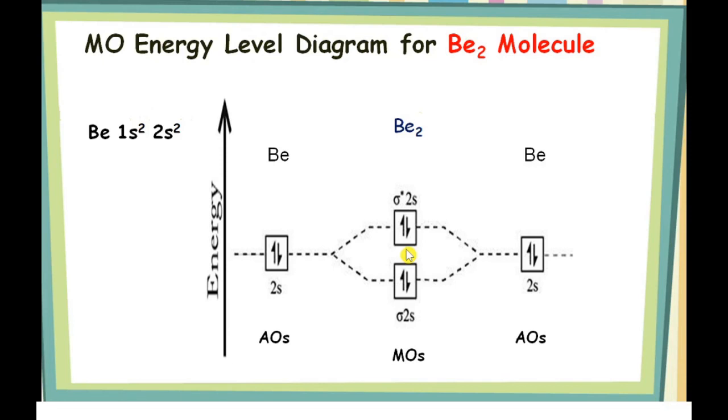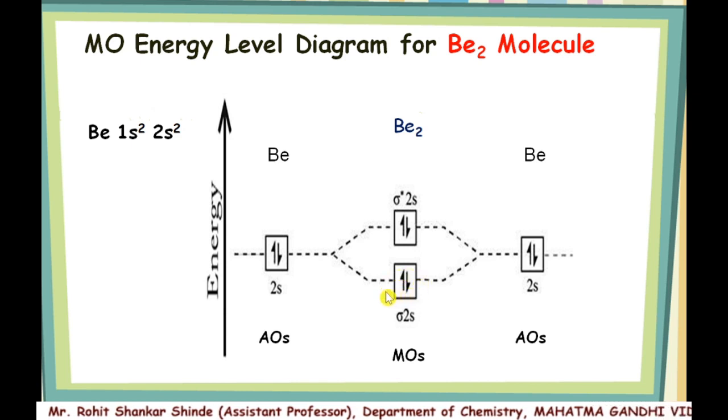Filling of electrons takes place by following Aufbau principle and Hund's rule of maximum spin multiplicity. The first two electrons occupy the sigma 2s bonding molecular orbital. The next two electrons occupy the sigma star 2s antibonding molecular orbital, as shown in this diagram.